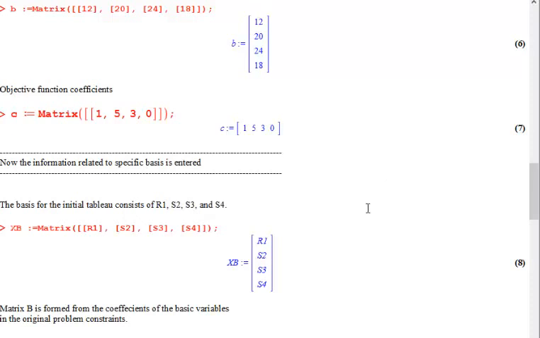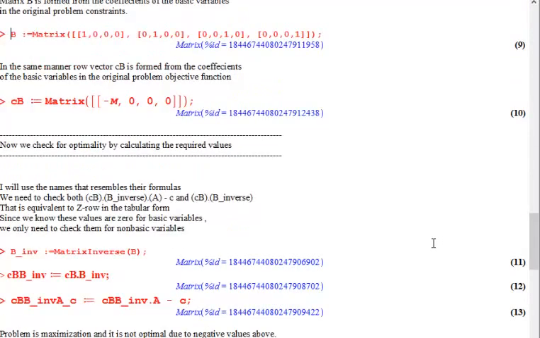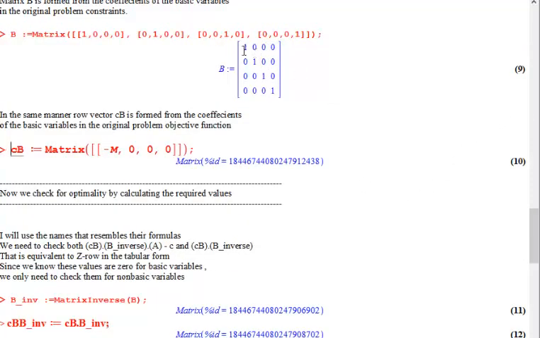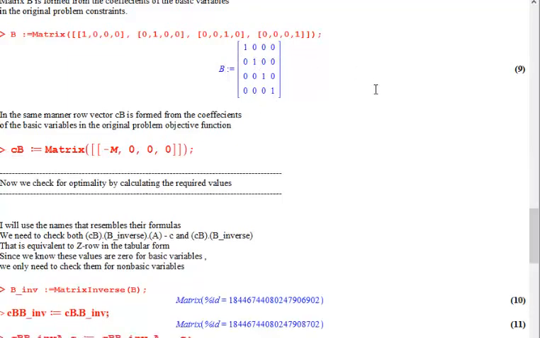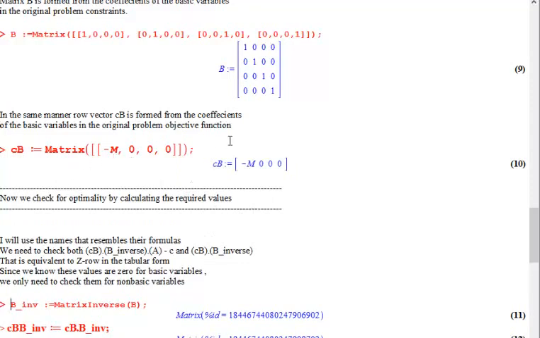This basis includes R1, our artificial variable, S2, S3, and S4. We are going to do the calculation for B. Our B will be the identity matrix. The CB in here will now have the coefficient of R1. As we discussed, this is a -M coefficient of R1.